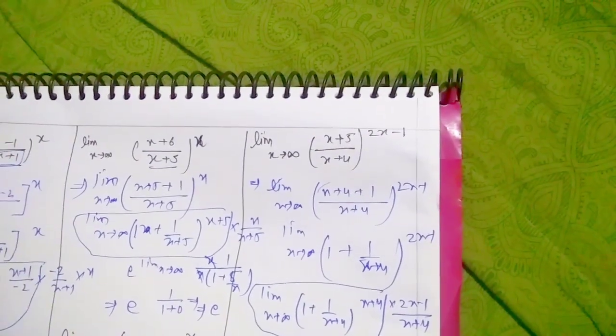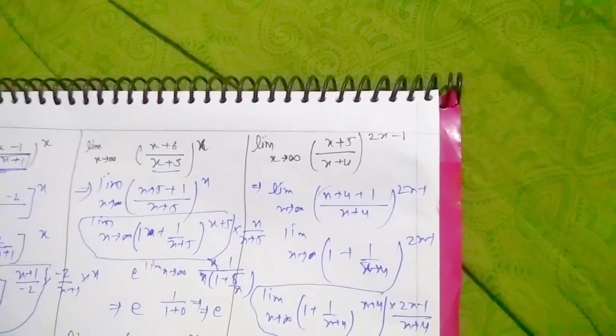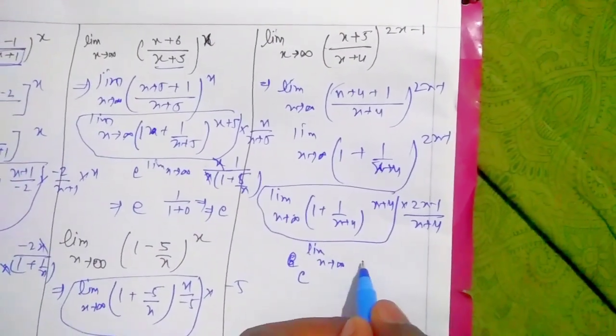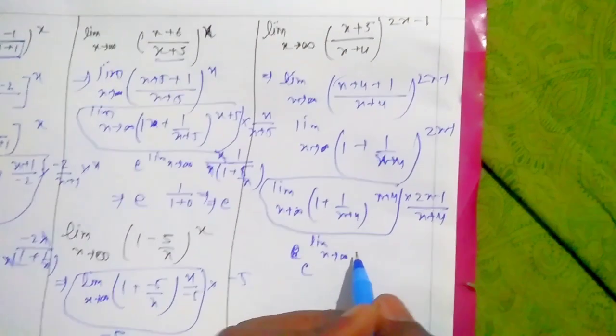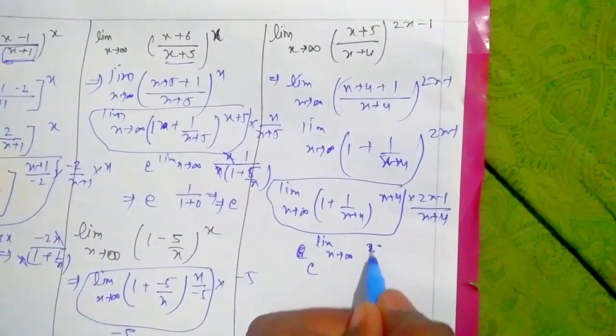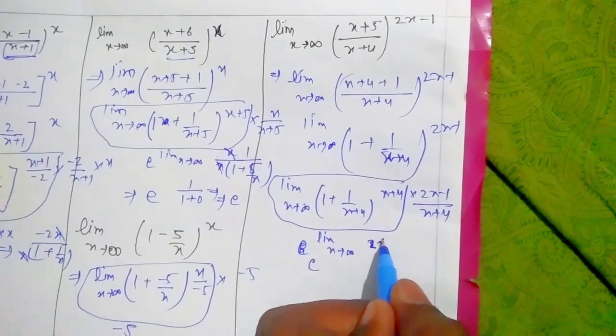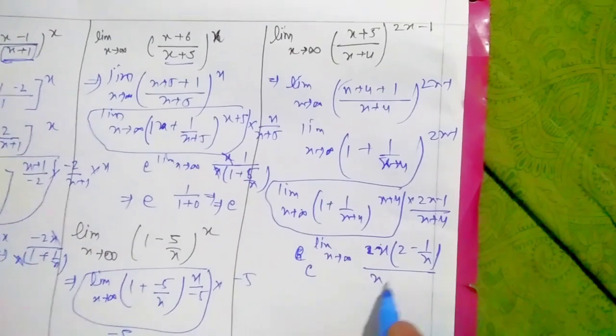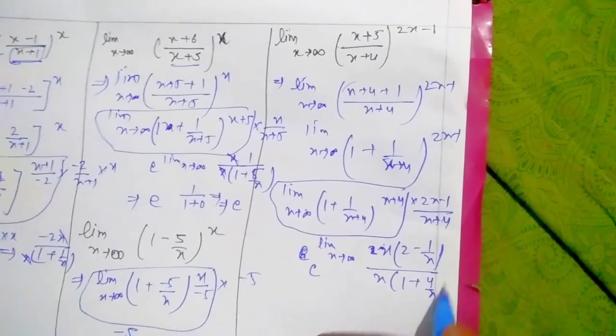We can write the limit x tends to infinity, and we are gonna take common x, so it gives us 2 upon 1 plus 4 upon x.